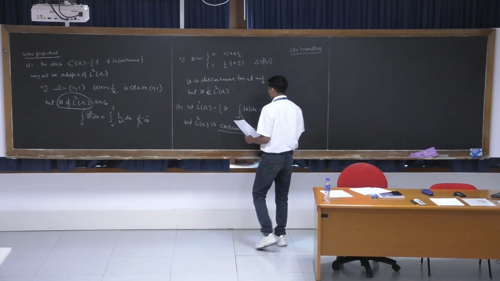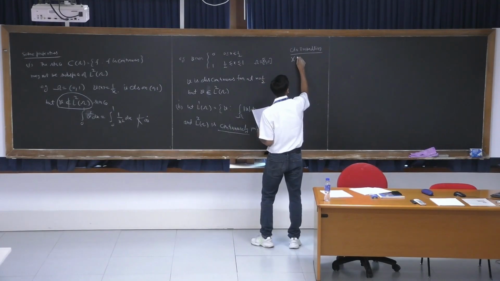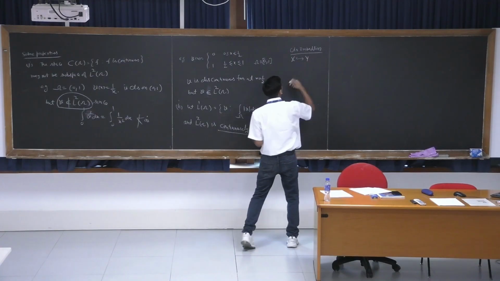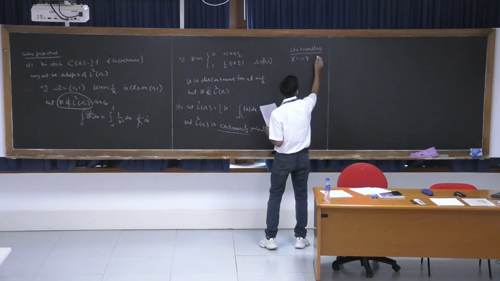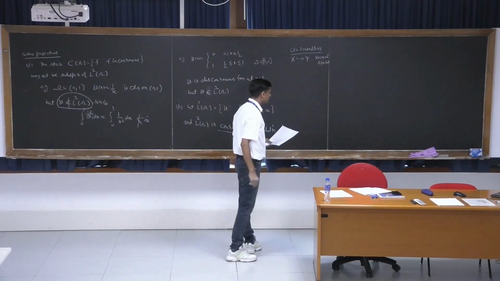Continuous embedding means, for two spaces, say X space and Y, with this notation, X is continuously embedded in Y. These are two norm spaces.